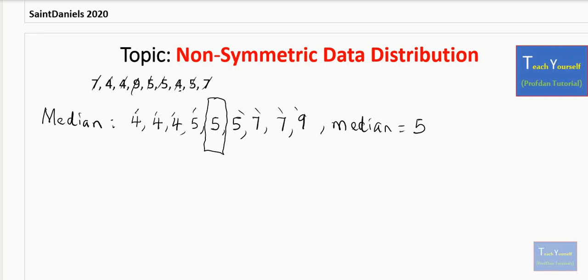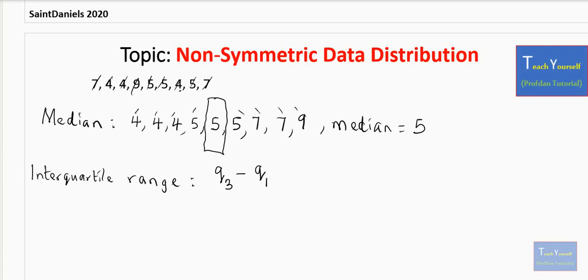So the next thing is to find the interquartile range. From our previous video, we explained that the interquartile range is the difference between the third quartile and the first quartile.